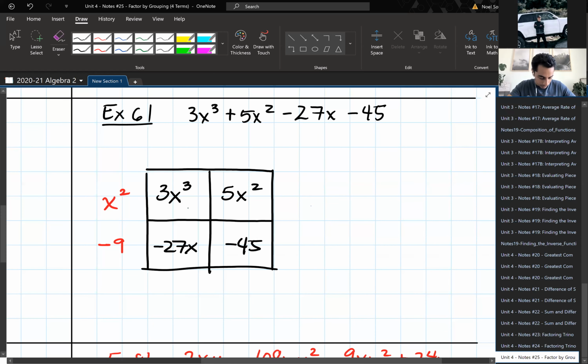Okay. All right. First column, 3x to the third, negative 27x. What is the GCF there? Yeah, 3x, right? So 3 divides both terms, and they both have at least x in common. What about the 5x squared and the negative 45? Negative 5, you sure? What's the leading term?